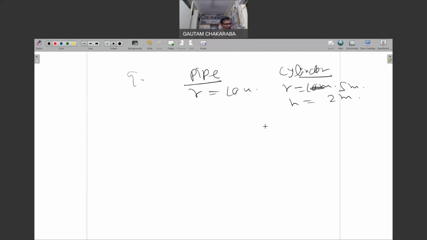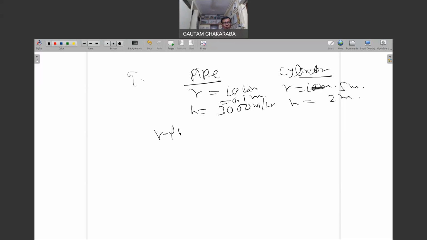Water is flowing in the pipe at 3 kilometer per hour, that is 3000 meter per hour, and 10 centimeter is 0.1 meter. Okay, now how much time will it take to fill?